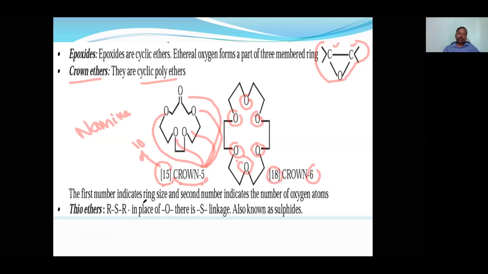The first number indicates ring size, the second number indicates oxygen atoms. And one more part is thioethers. Thio means oxygen is replaced with sulfur. When oxygen is replaced with sulfur, they are called thioethers. Okay, note down this.